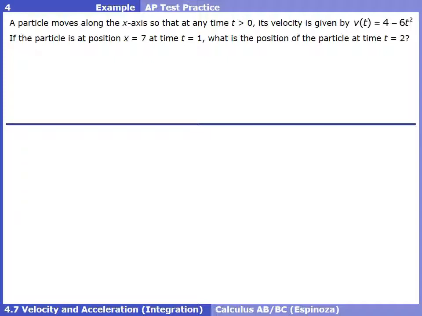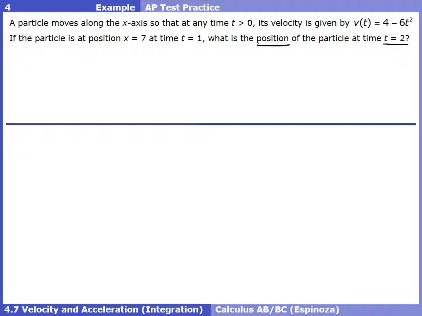So in this first example, we have a particle moving along the x-axis. Its velocity is given by the equation. If the particle's position is x equals 7 at time equals 1, then what is the position of the particle at t equals 2? So in an ideal world, I think we would have been given our position function, and then we could have just plugged in the value of 2, and we would have been done.